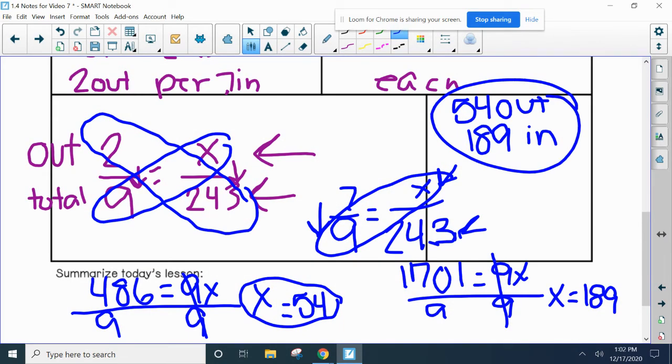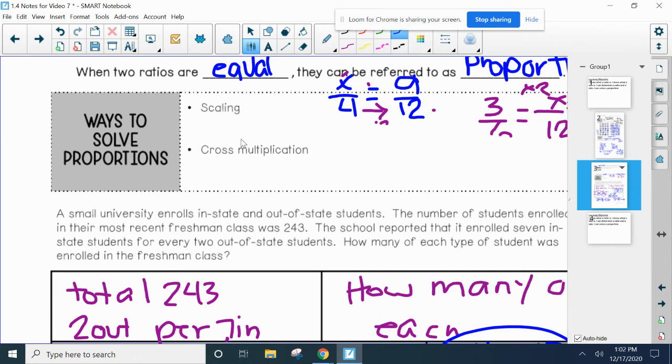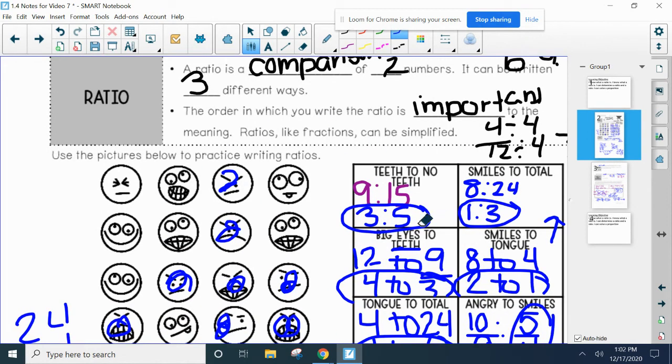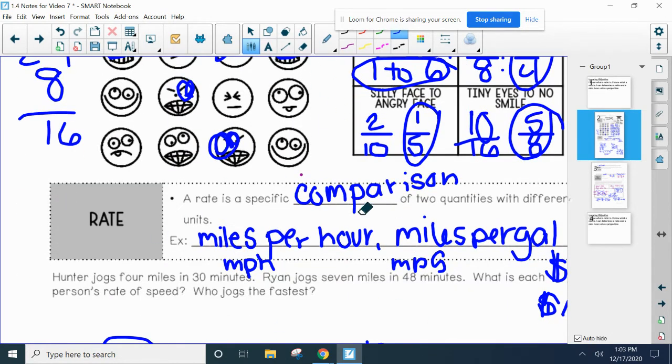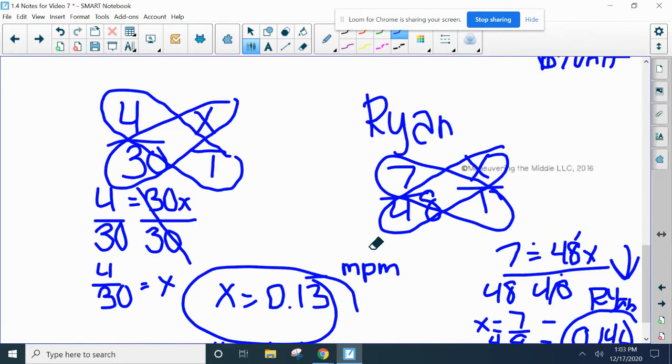All right. So today we talked about a couple of things. A ratio being a way to compare two numbers, two different ideas or objects or things. A rate being a specific comparison with different units, miles per hour, miles per gallon, such and such.